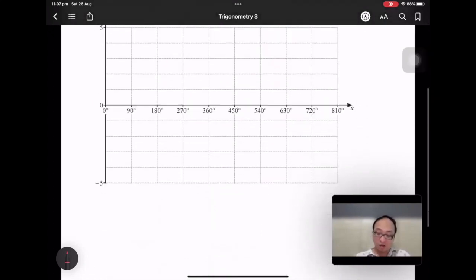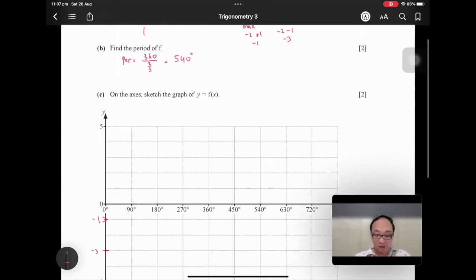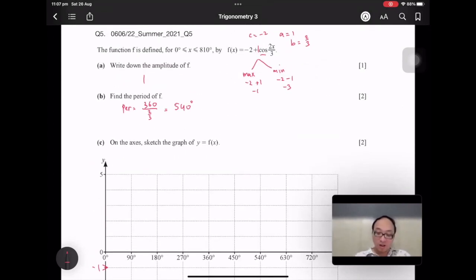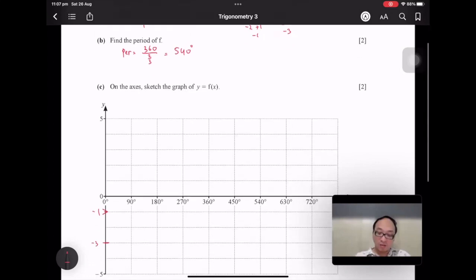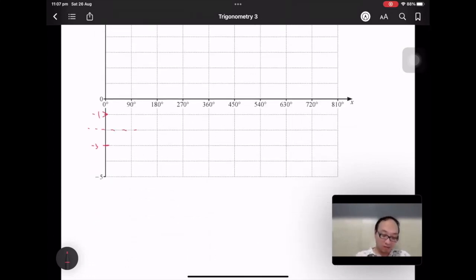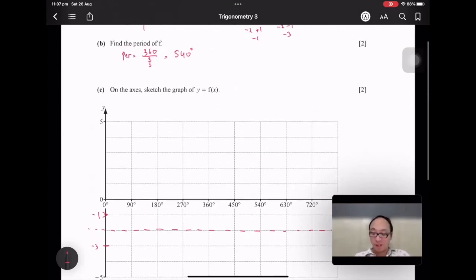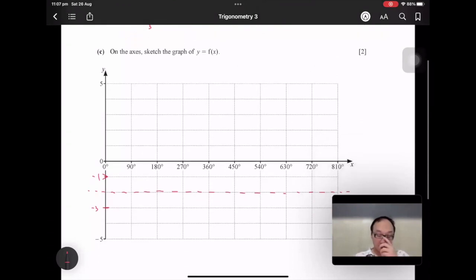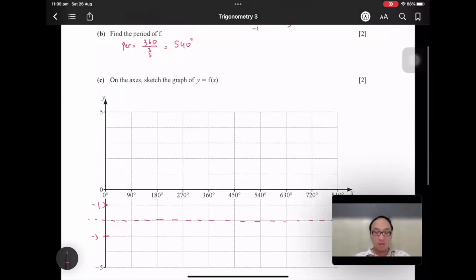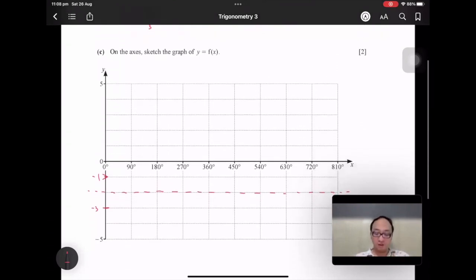And the principal axis will be here. So the period is 540, so it will become one wave for 540.